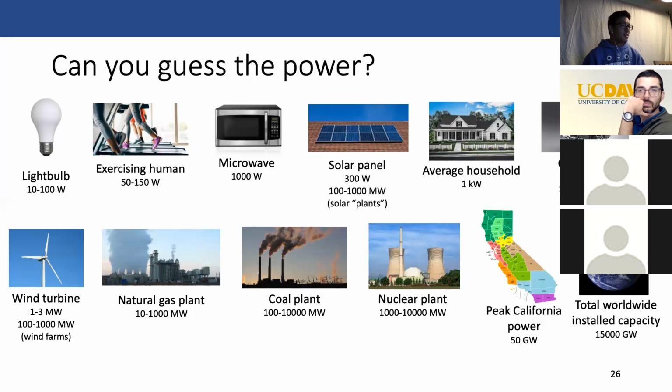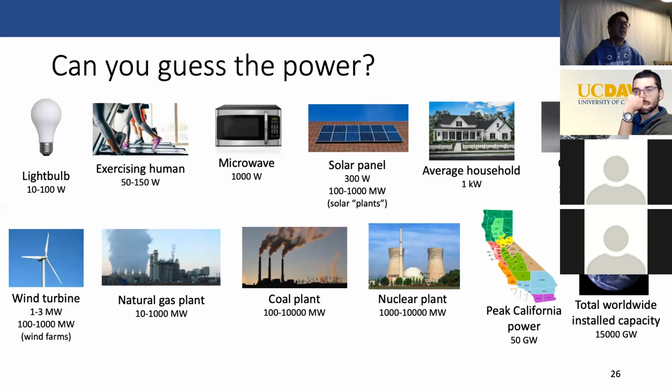Coal plants are typically a little bit bigger. Not always. There are natural gas plants that rival coal plants in scale, except for some of the very biggest ones. And then you have nuclear plants, which are similar in scale to the largest coal plants in the country.